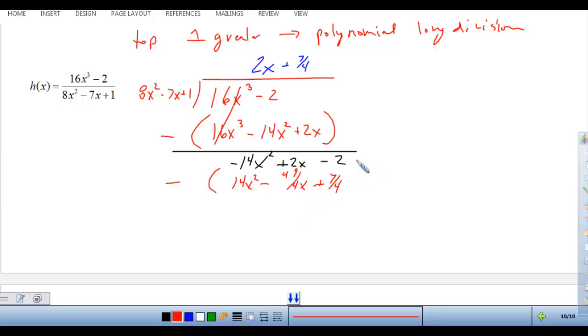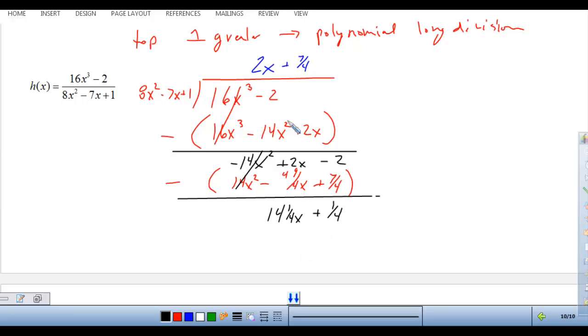Now the remainder here is not really important because I've got my equation 2x plus 7/4. That's my linear equation of the oblique or slant asymptote. And this is my remainder when I finish the subtraction.